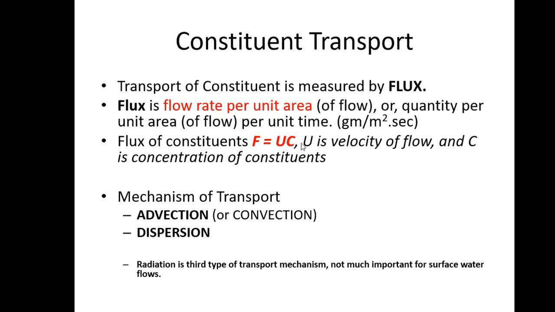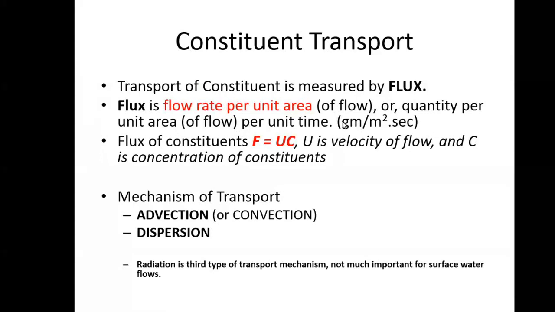So U is in meter per second, and C is, let us say, kg per cubic meter of water. So the end result we get is kg per meter square per second. That is called the flux. Flux is the flow rate per unit area, or quantity per unit area per unit time.